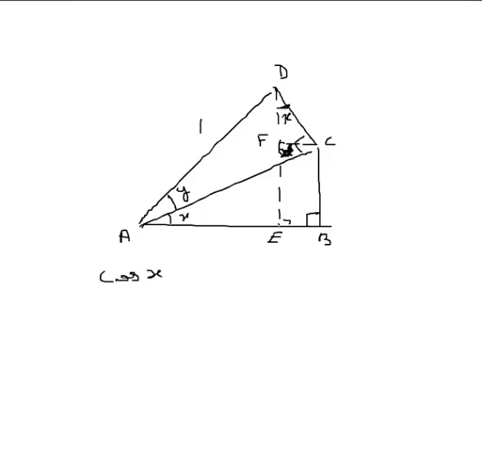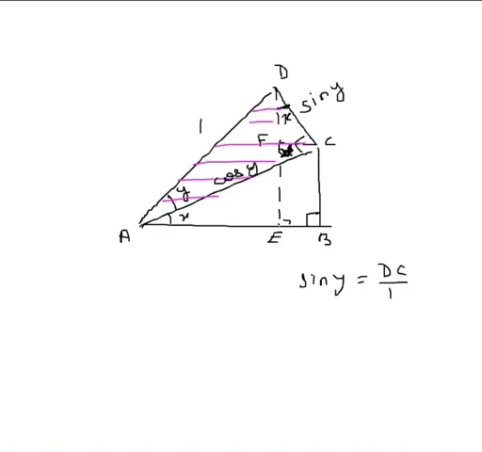From triangle ACD, in this triangle ACD, this is sine y. Because sine y is opposite side by the hypotenuse. Hypotenuse is 1, so DC length will be sine y. And this is cos y, AC length, because cos y from that pink right triangle is adjacent side by the hypotenuse. Hypotenuse is 1, so AC length becomes cos y.